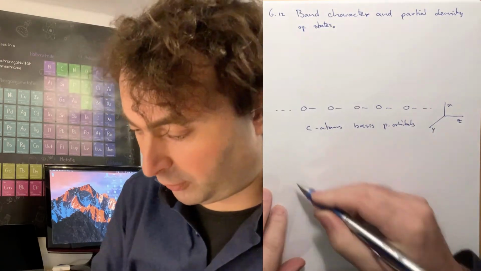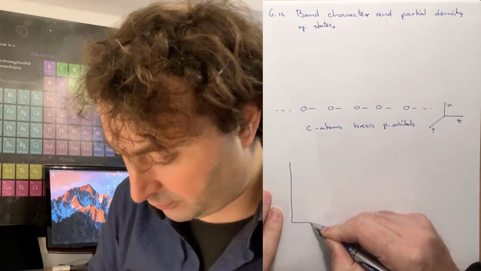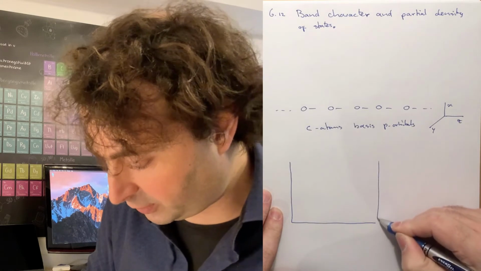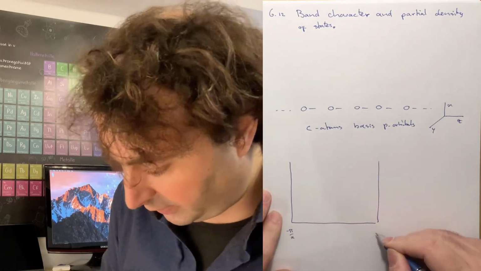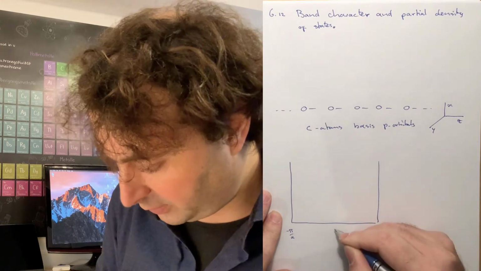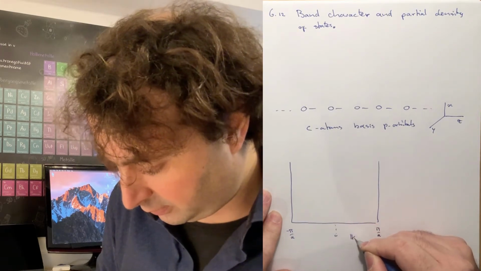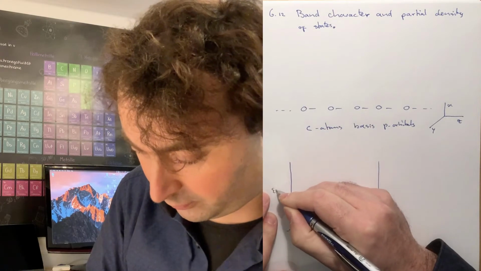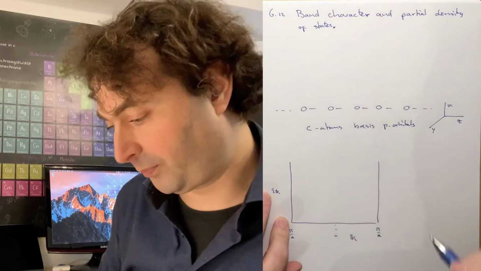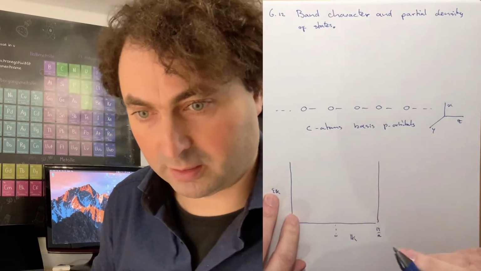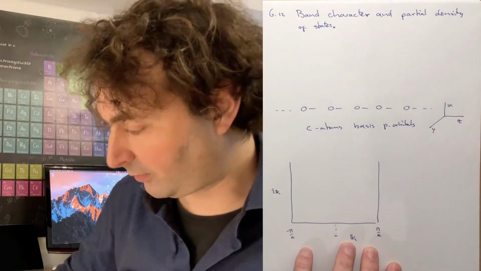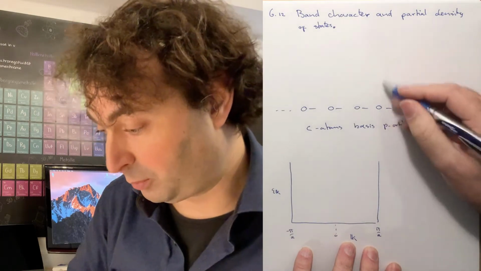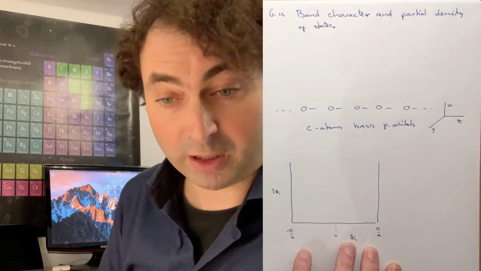Well, we have seen before that we then can calculate the band structure, from minus pi over a to pi over a in crystal momentum, with zero at the center. And we have as a basis the px and py orbitals, which are perpendicular to the chain and make pi bonds.